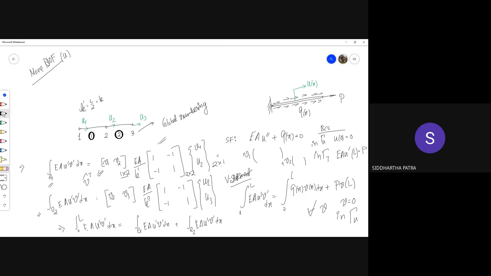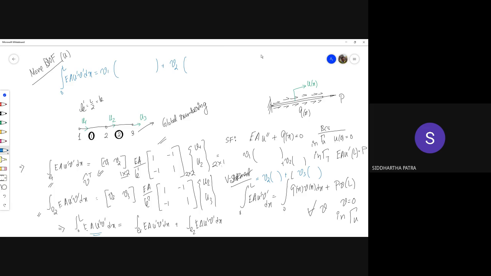So in the end, if I write the expression for the integral from 0 to L of EA u prime v prime dx. After you get these expressions, for example, for the second element, it is v2 times something in the brackets, then v3 times something in the brackets. After writing their expressions, the final expression would be v1 times something in the bracket plus v2.